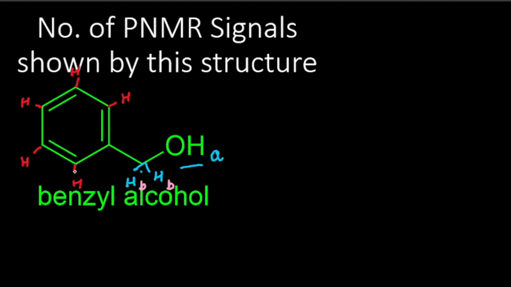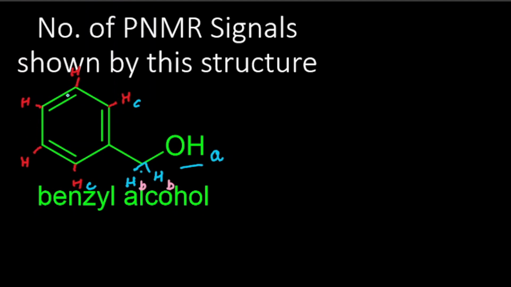This hydrogen and this hydrogen both have the same chemical environment, because each is attached to the same kind of group. So this is the third kind of hydrogen in the proton NMR spectrum.